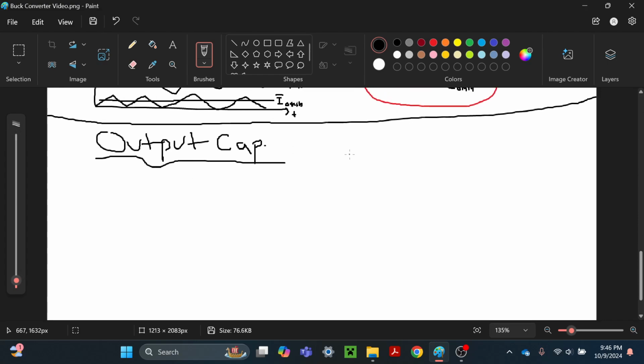So the output capacitor from the circuit you can see is oriented like this. This is our load. So this is I out, IL and IC. So we're denoting the capital letters as a DC current and the lowercase letters as an AC current.